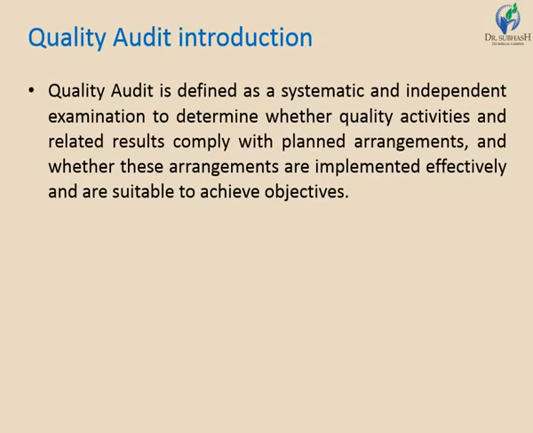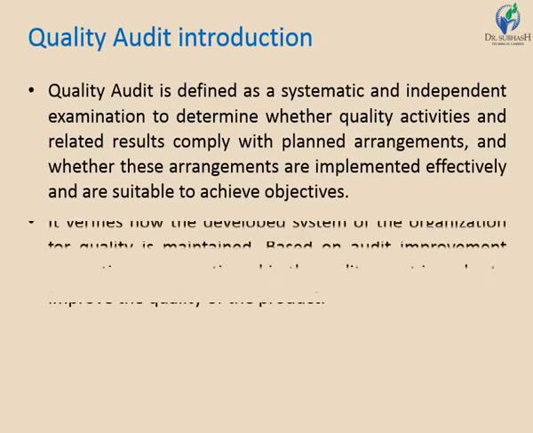Whatever systems they have implemented for the quality items or quality products, are these arrangements suitable to achieve those objectives or not? So it is a systematic examination, an inspection of the quality systems they have implemented to achieve the objectives.